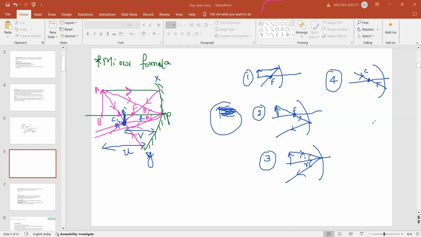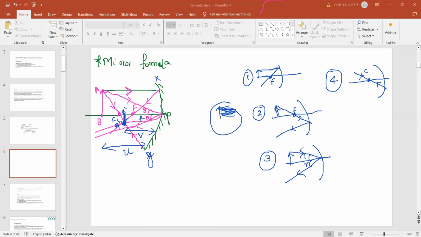So in this, what we have to do is observe where minimum 2 rays are meeting. All rays are not parallel, all rays are not passing through the focus, all rays are not passing through the center of curvature. There are only a few rays which are following these 4 laws.